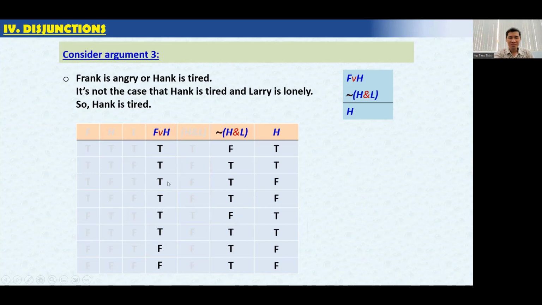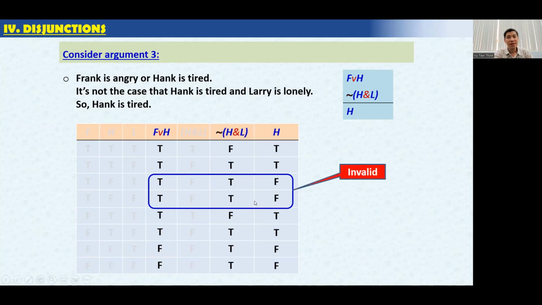We have 4 cases, right? And there are 2 cases when the premises are true and the conclusion is false. Invalid.